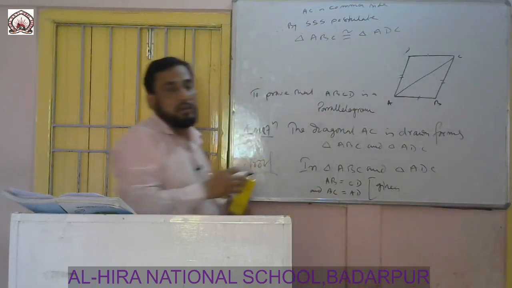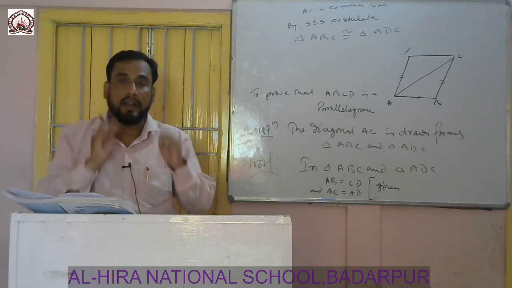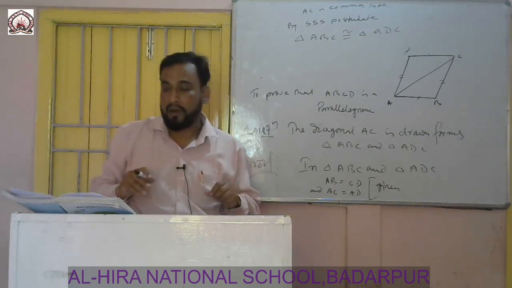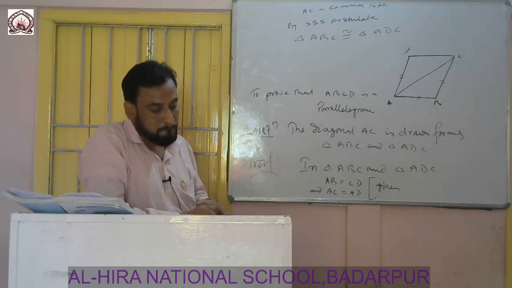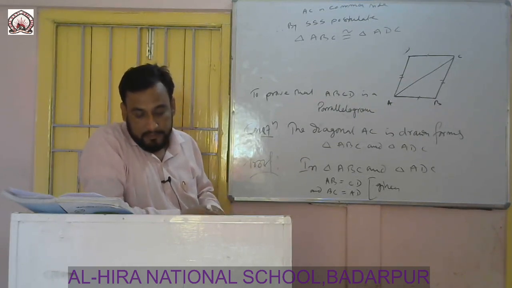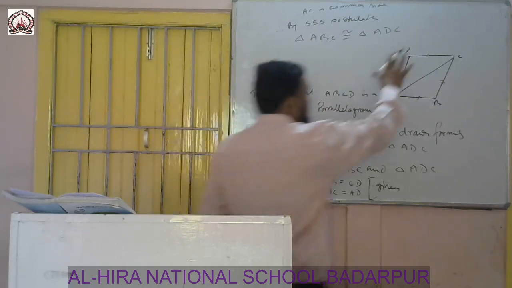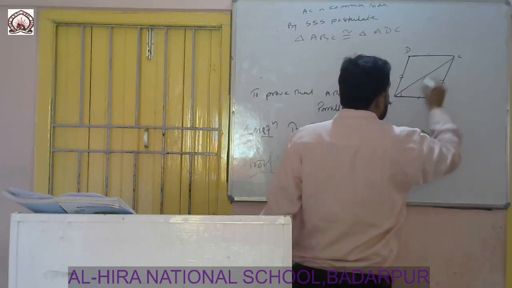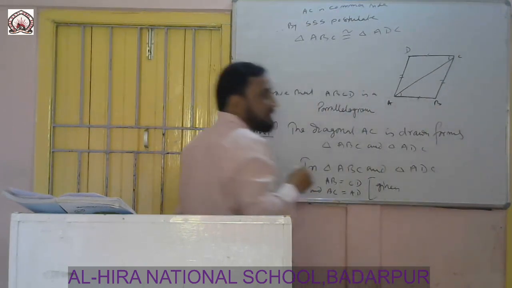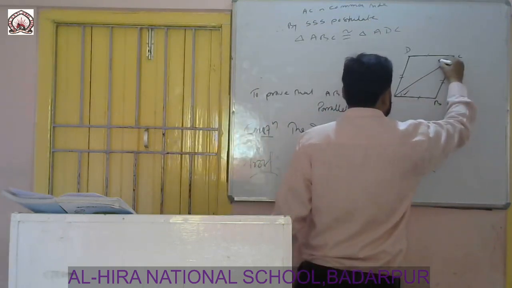Okay. But we have to prove that the quadrilateral is a parallelogram. So after getting the two congruent triangles, what can we say? We can say that these two angles are equal by CPCT.